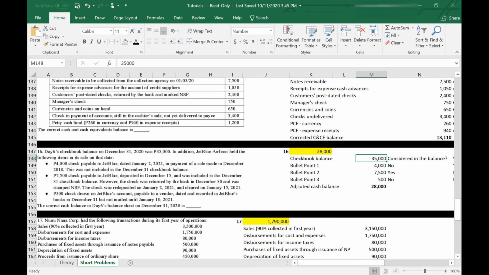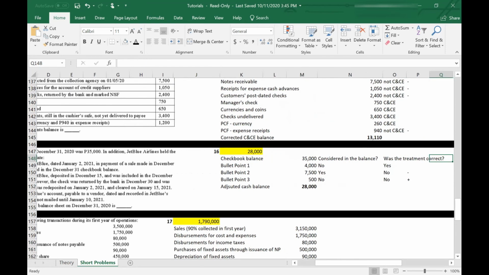This was not included in the December 31 check balance. First question: is it cash? No. So it should not be included. This 4,000 was not included in the 28,000. Is it correct that it's not included? Yes, because it's not cash. So we don't need to do anything with it, since it wasn't included, which is correct. So we make no adjustment for this bullet point.